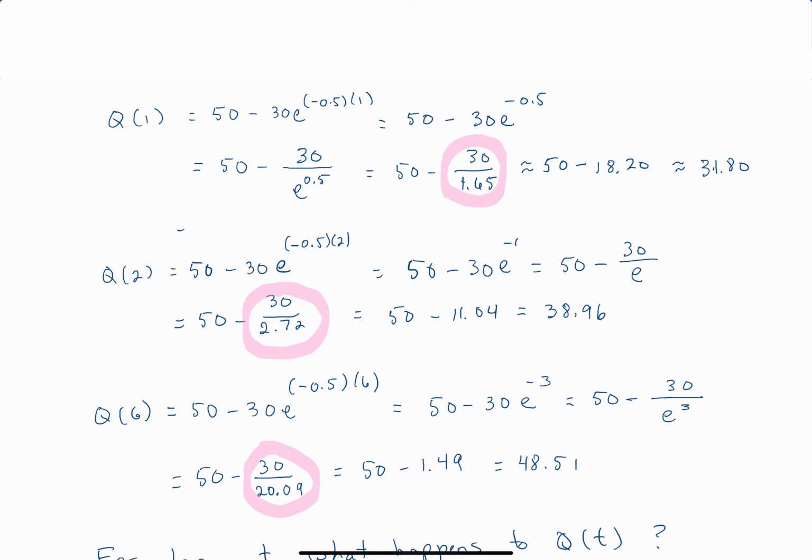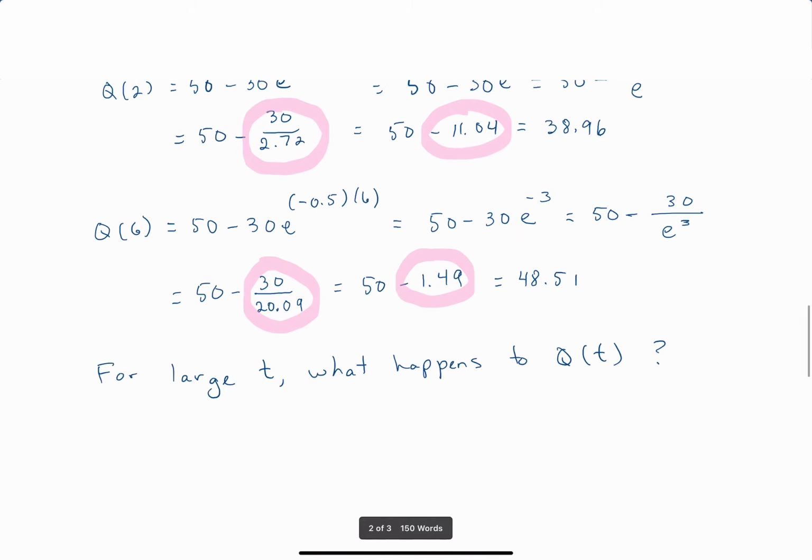And we can see that if we look at what we're subtracting after I've done it on the calculator. First, we're subtracting about 18. Then we're only subtracting about 11. For Q of 6, we're only subtracting about 1.5. So as the t gets bigger, that denominator gets bigger, which means the thing we're subtracting is getting smaller.